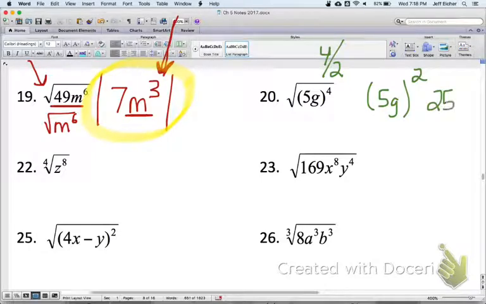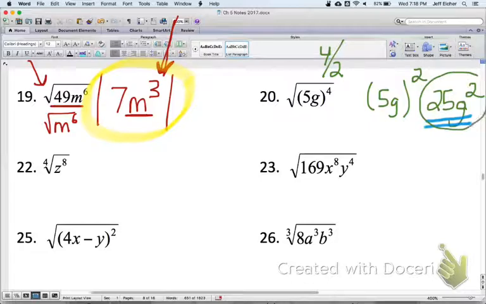So we would get 25g squared. Do we need absolute value bars? Is it possible for this quantity to be negative? I hope you would say no. g squared is positive, and 25 itself is positive, so we do not need absolute value bars.